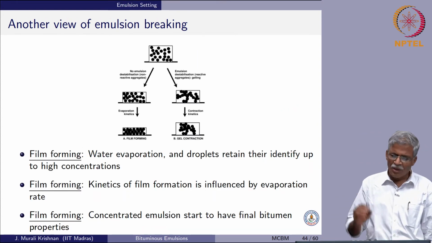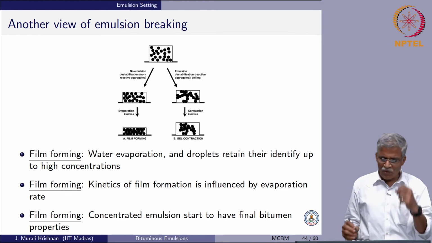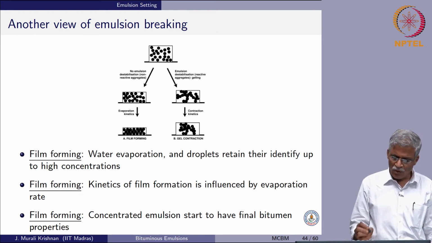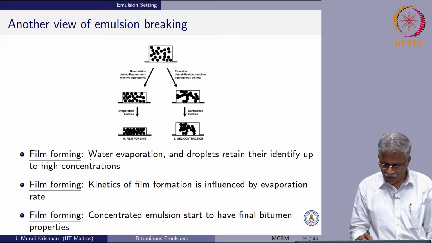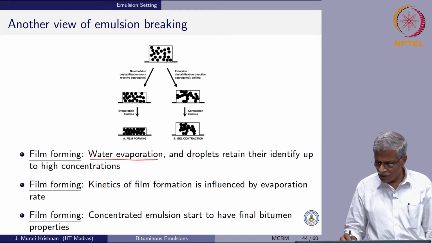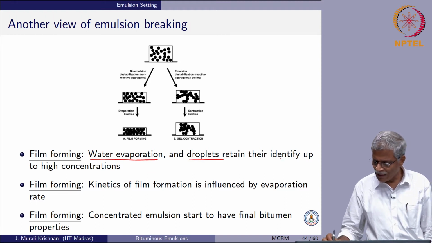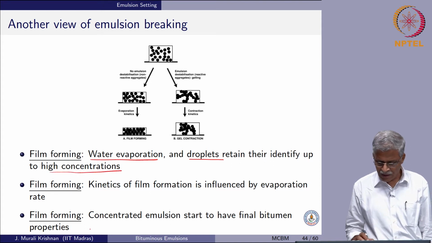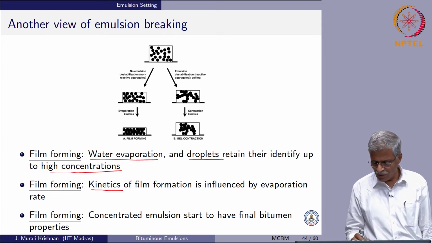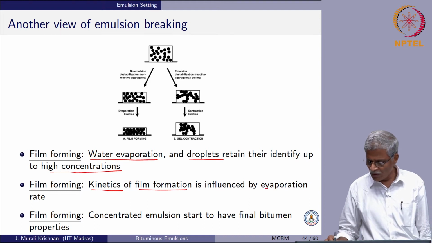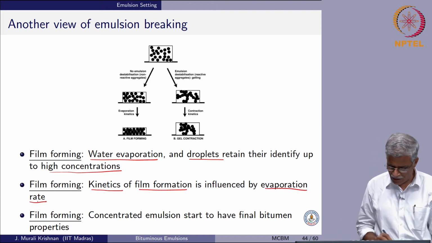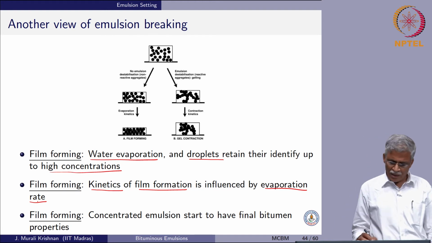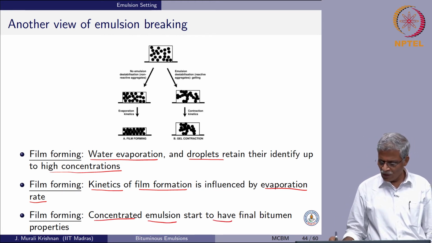So, let me just quickly summarize these keywords here. Okay. If you are talking about film forming, water evaporates and the droplets retain their identity up to high concentrations. The kinetics of film formation is influenced only by the evaporation rate, and the concentrated emulsion slowly starts to give the final bitumen.